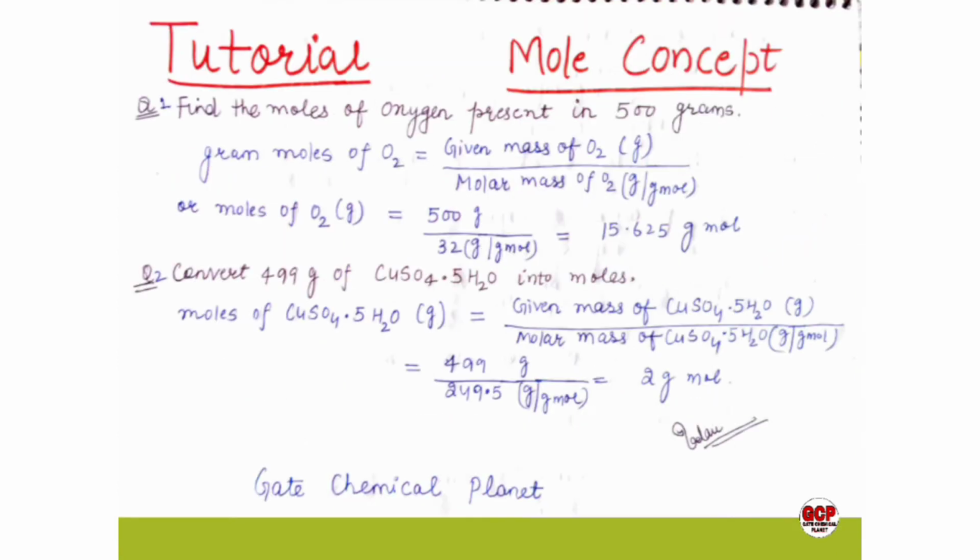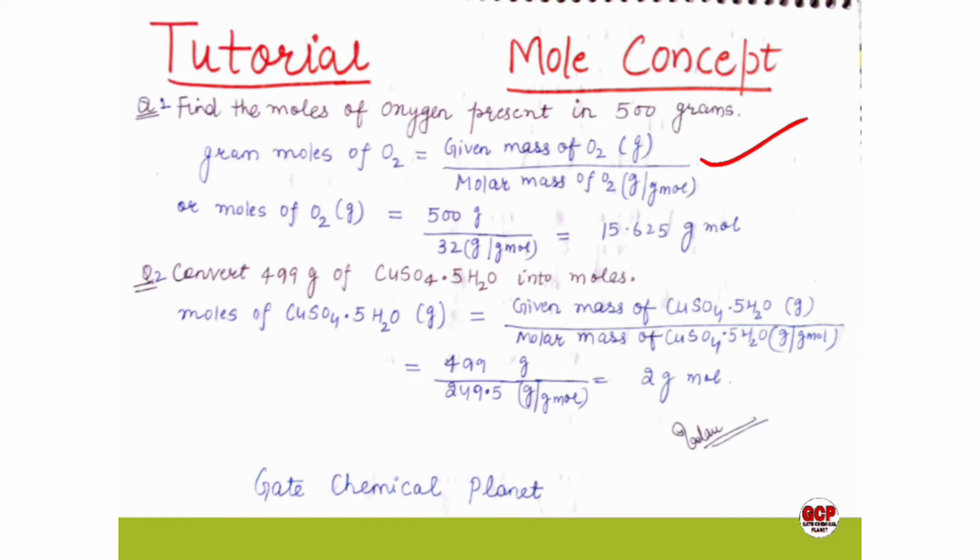Now move on to the next question. Gram moles of oxygen equals the given mass of oxygen divided by the molar mass of oxygen, and the given mass of oxygen is in grams. It is already given as 500 grams, and we have to calculate the moles of oxygen. So gram moles of oxygen equals 500 grams divided by the molar mass of oxygen, and the molar mass of oxygen is 32 gram per gram mole.